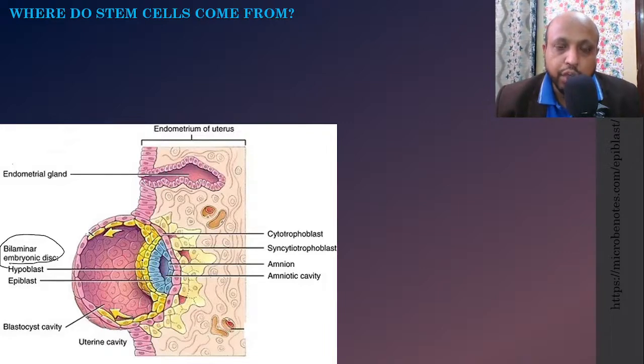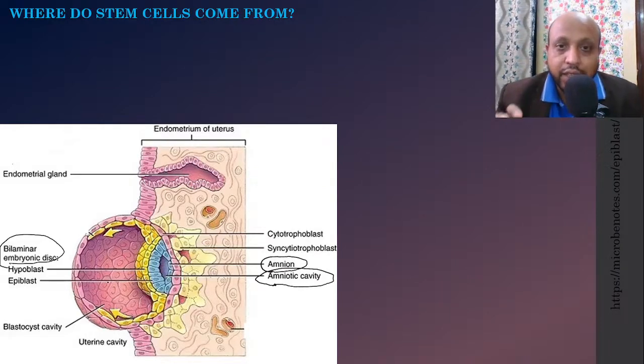The epiblast later on makes the whole organism, and the hypoblast later on helps in forming the extra-embryonic tissue types. Besides this, you also see here this is the amnion, and this is the amniotic cavity where the embryo starts developing, and this is like the uterine wall, and this is the blastocyst cavity. This is at the time of the implantation.